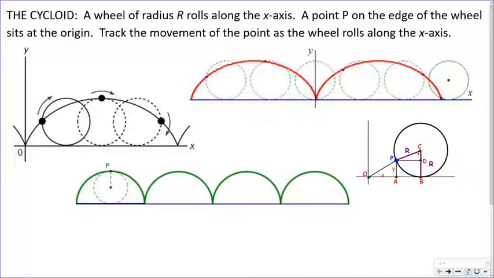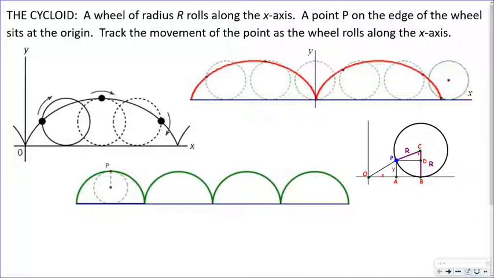So, in order to determine the parametric equations for this curve, it's helpful to decompose the motion of point P into two parts. Okay, so let's think about how we're going to do that.